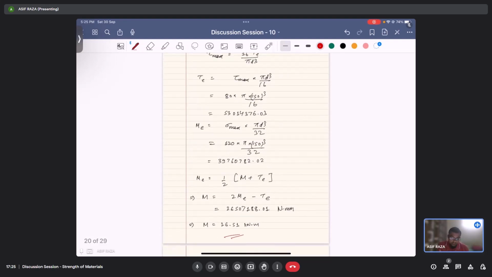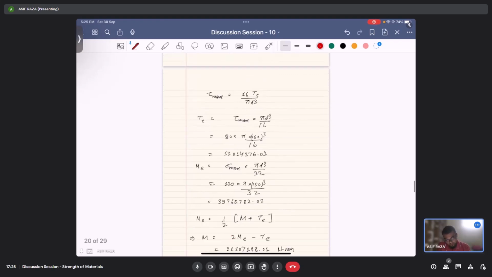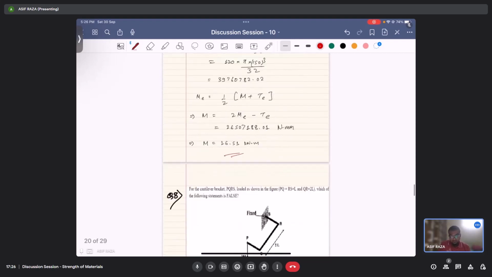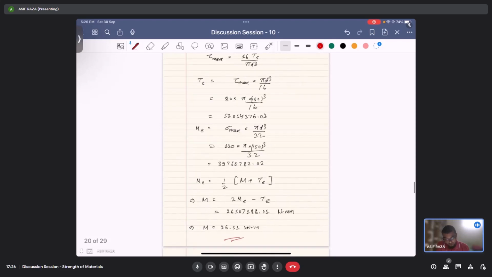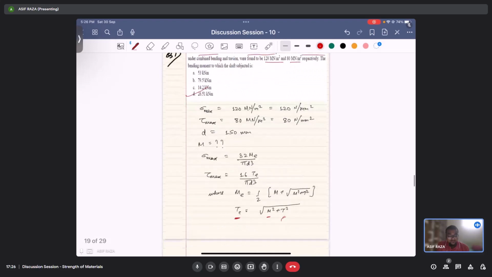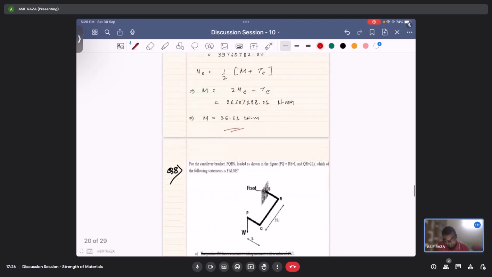We can find the torsion applied in the system also if we just use the Te formula, as we already have Te and we already found M, so we can easily do that. Okay, moving on to the next question now.